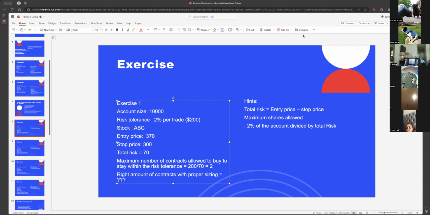And we do have some questions here. Let's see. Can the entry price be too high for the account balance from the beginning? Again, we mentioned it before, and if you're just joining here, the entry price doesn't really matter. All that matters is how much you're going to lose. What's the total risk?